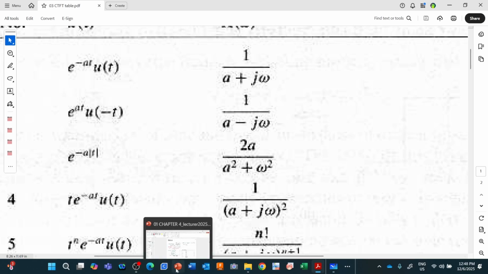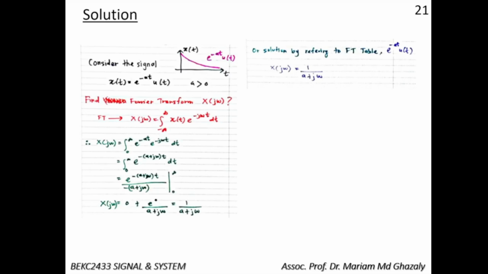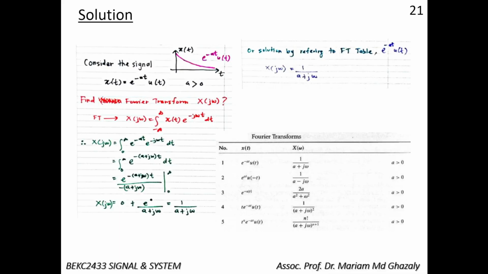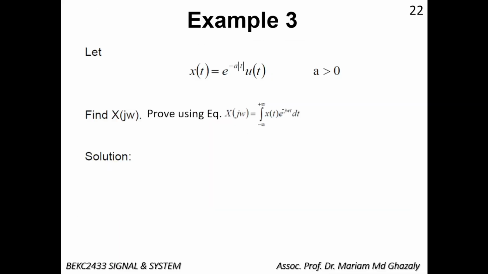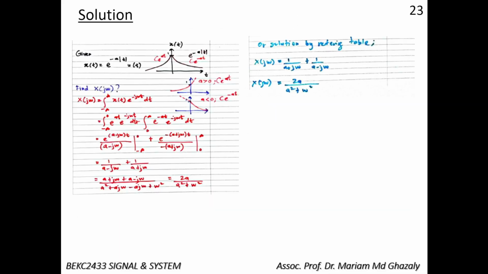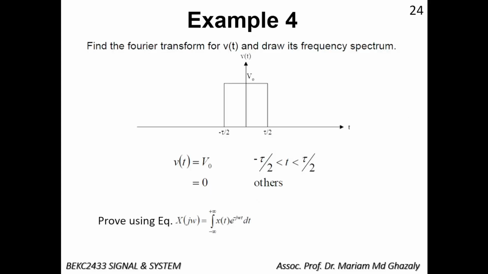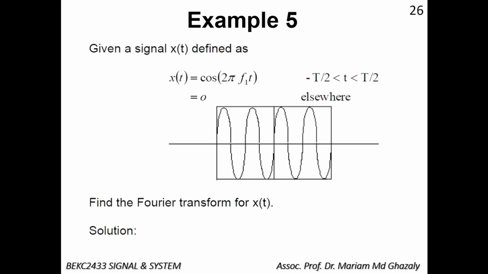In previous classes I did the proving, but because we don't have time to do all of it, I'm just going to ask you to go through it on your own. This is also the same if you have modulus for both sides. So the modulus is like this.